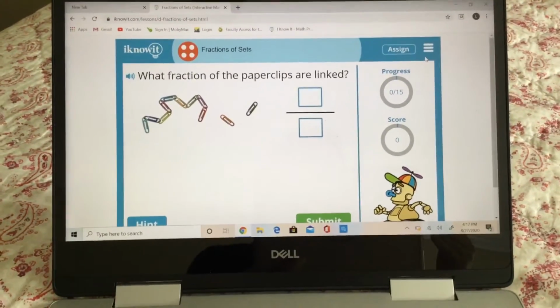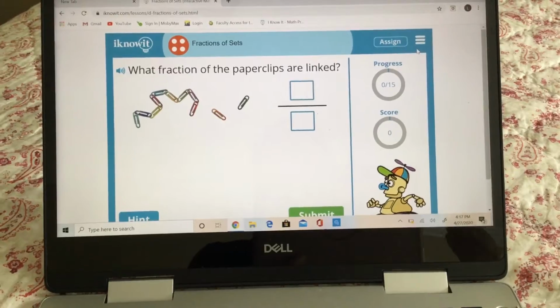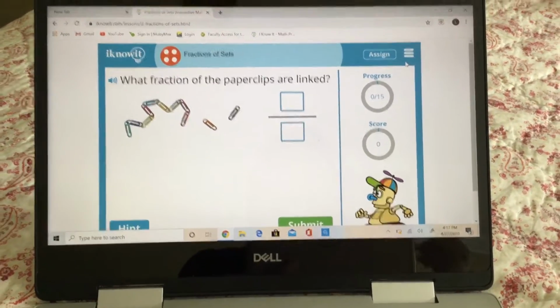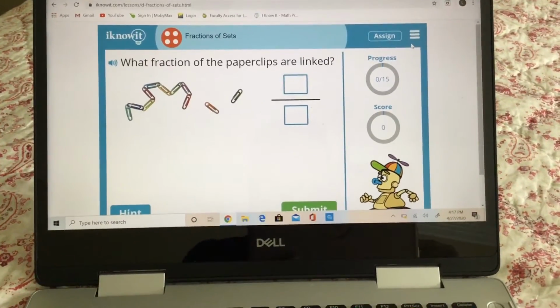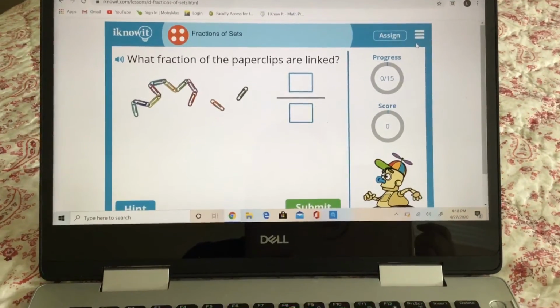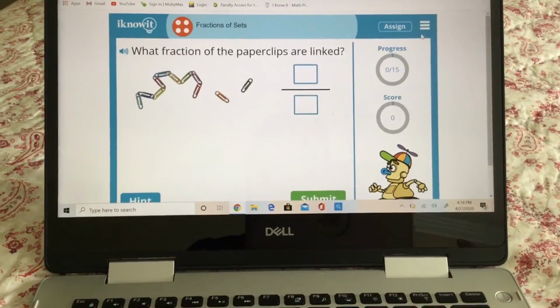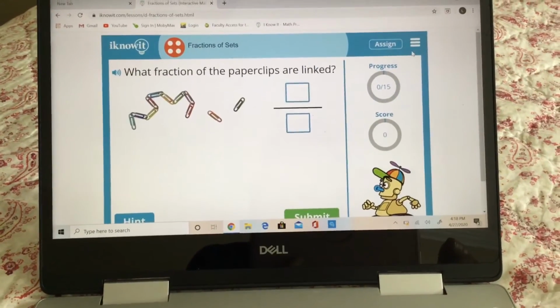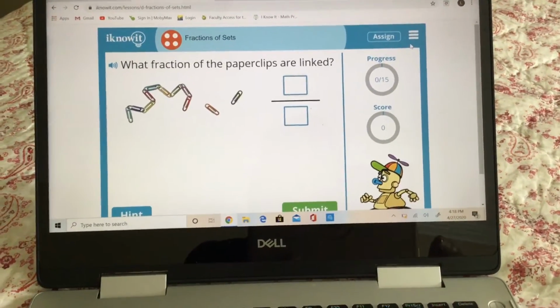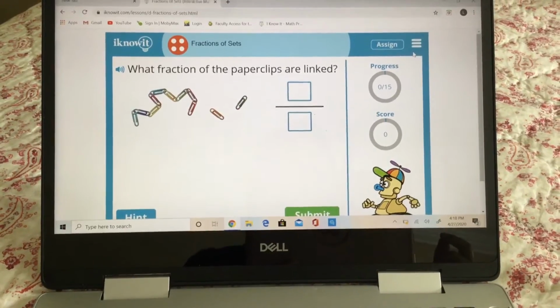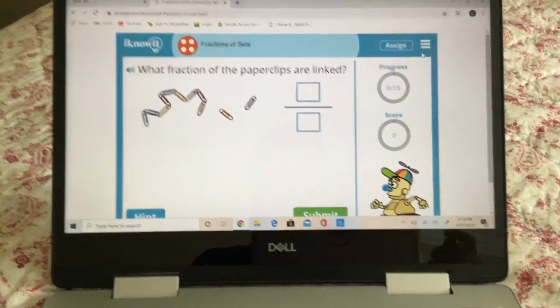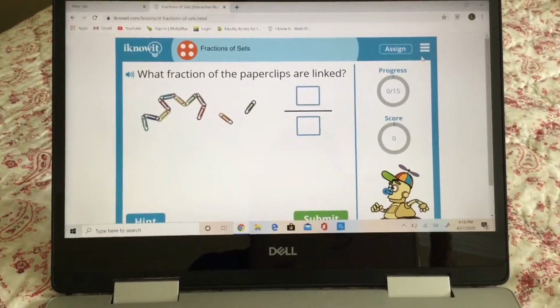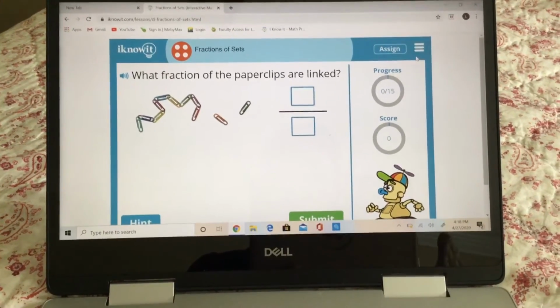So if you miss, say, more than 1 or 2, it's going to auto reassign you. Remember in class how we always do instant corrections with our redos? Well, I Know It is doing those instant corrections or redos. It's saying to you, okay, you haven't mastered this yet, or you need some more practice on this.